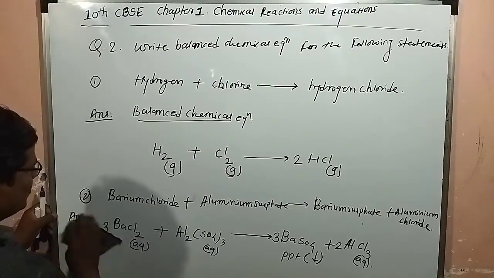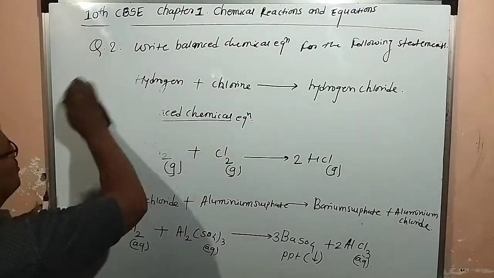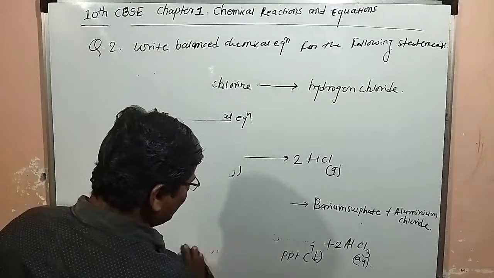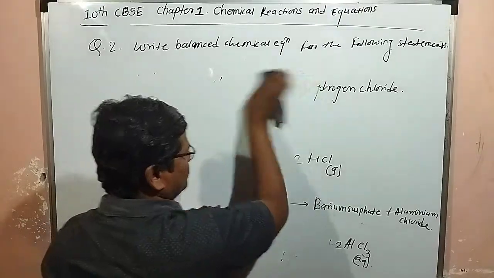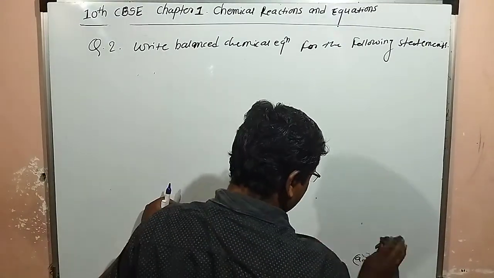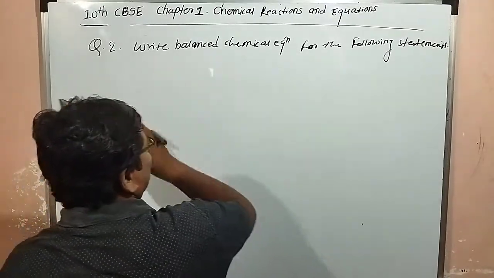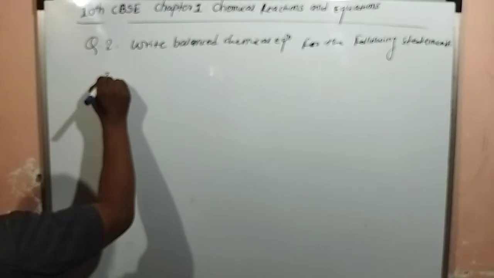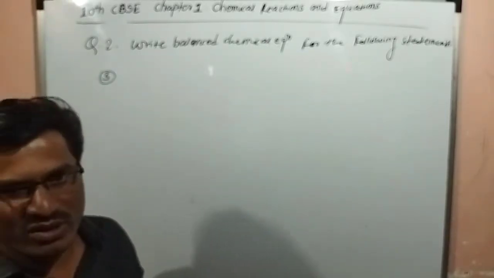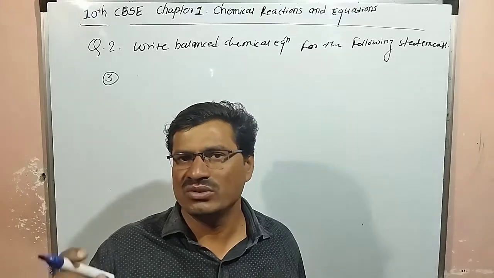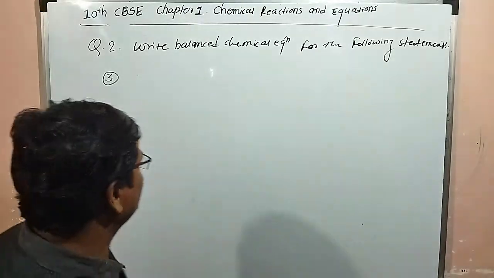I will rub these two and then I will write. So the third one: the given word equation is sodium reacts with water and gives sodium hydroxide and hydrogen gas.